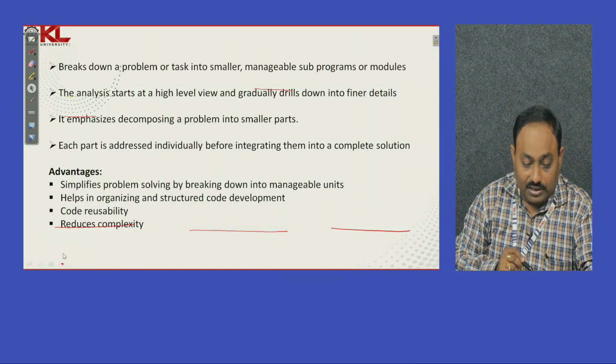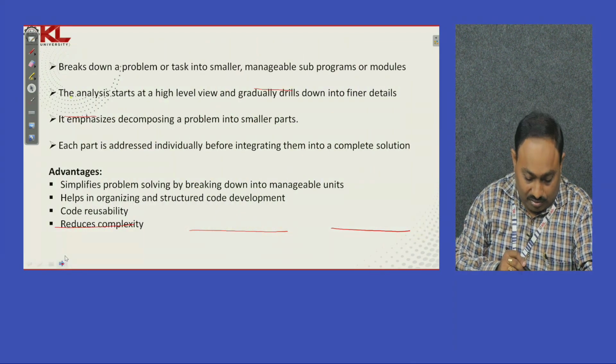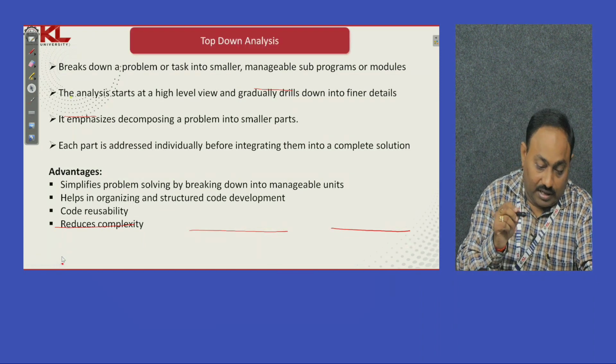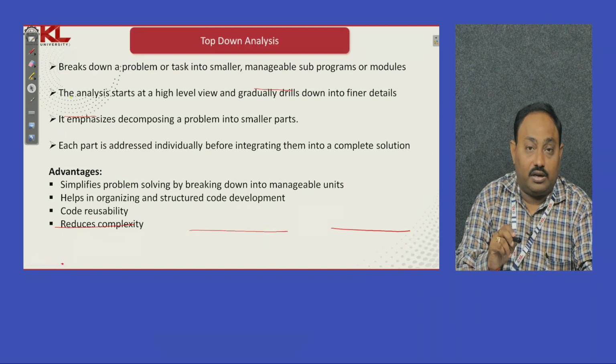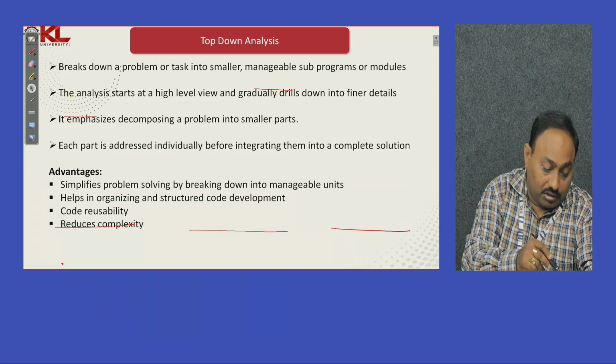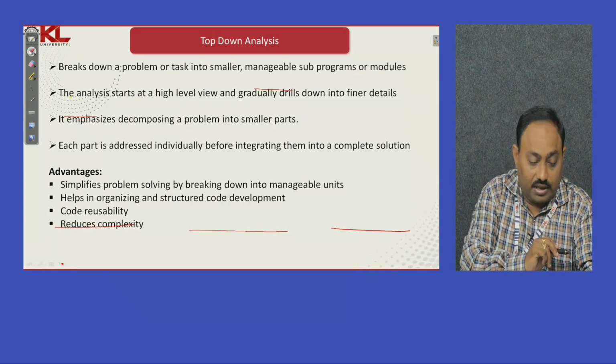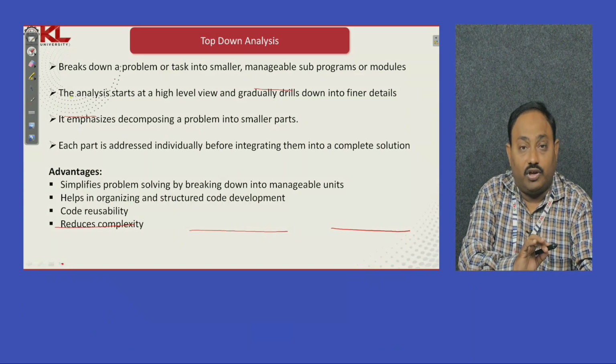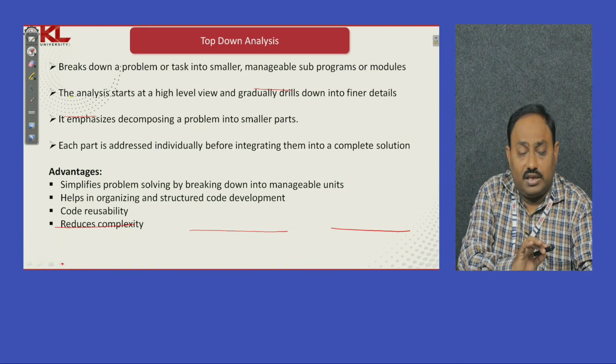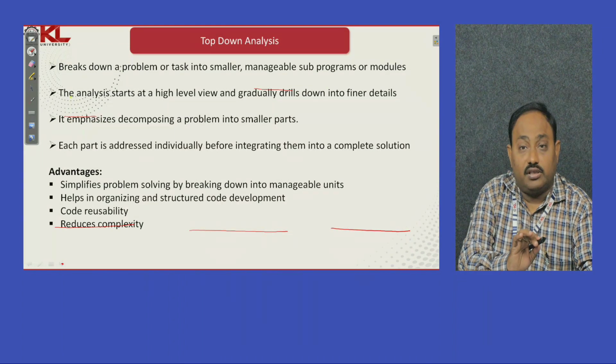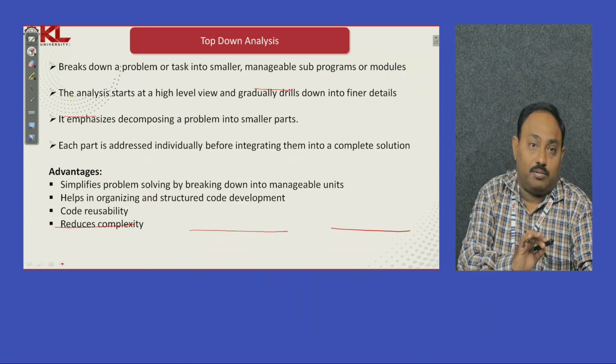Let us see the top down approach. This is a very common thing we follow in routine work. Generally, the purpose of writing a program is to write a solution to a problem.